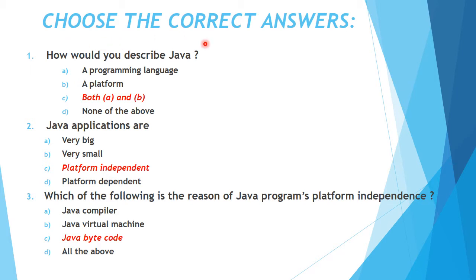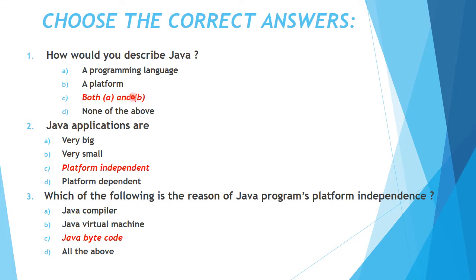Now choose the correct answer. So now listen to me carefully. Last day also I explained to you, choose the correct answer can come in two forms: single choice question and multiple choice question. In a single choice question, among the given options, like here four options are given, any one answer will be the only correct one.